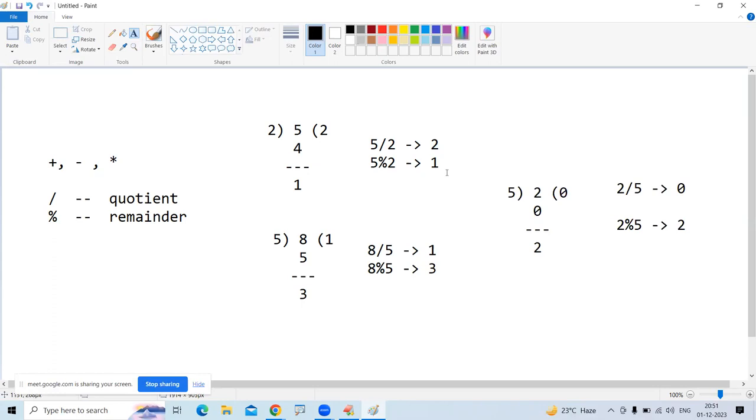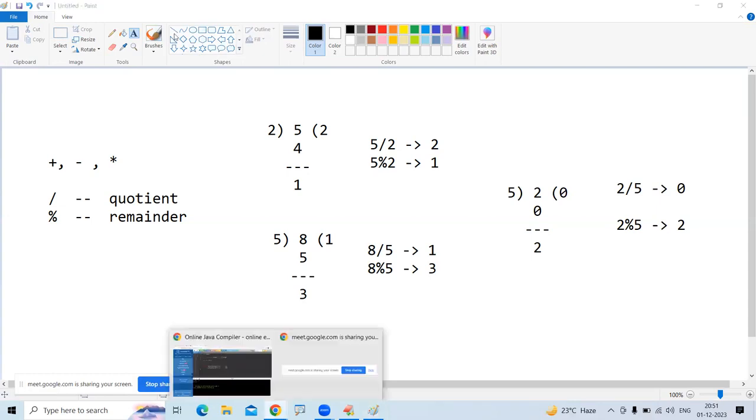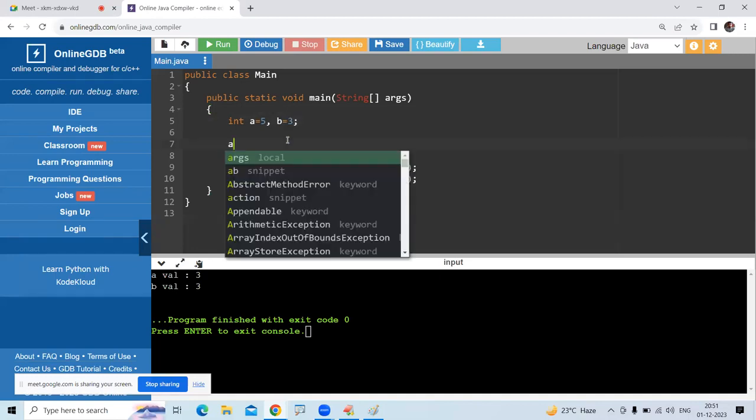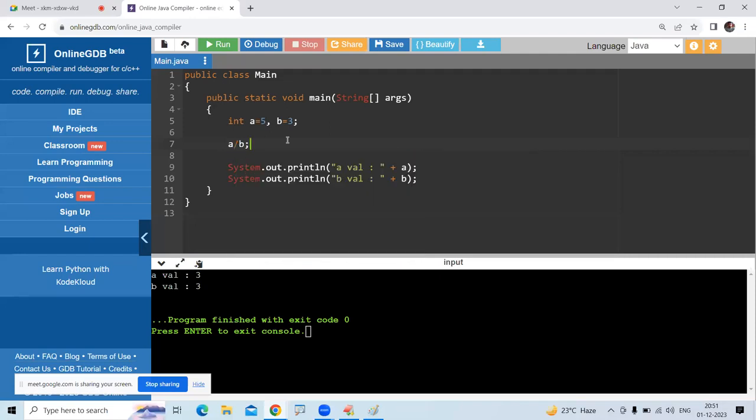Don't think that the simple things we are doing, with the help of these simple things only, we can create large programs. So again, one simple code I'll write. Here I'm taking a, b, 5 and 2 suppose, or 5 and 3. I'm doing a by b. I'll collect into remainder. Int, you can take remainder, quotient, QUO I have written.